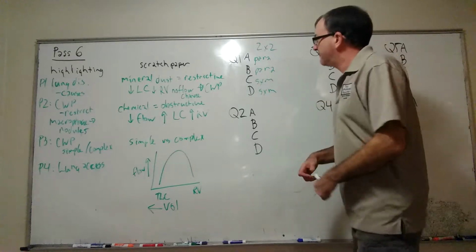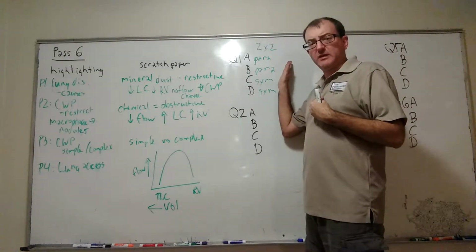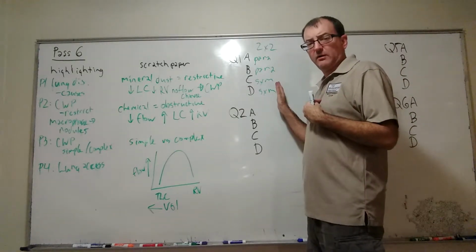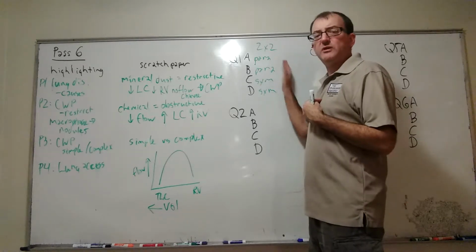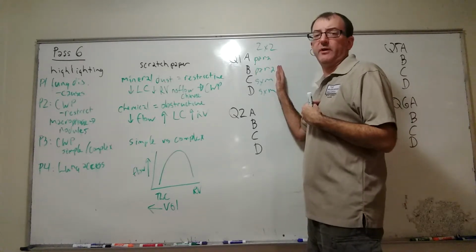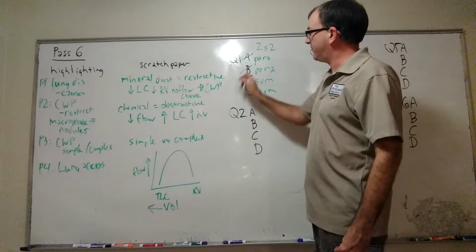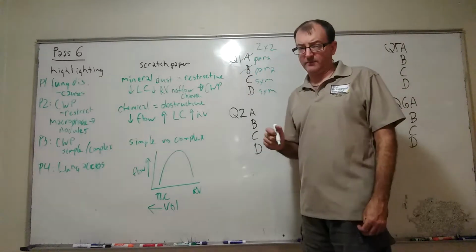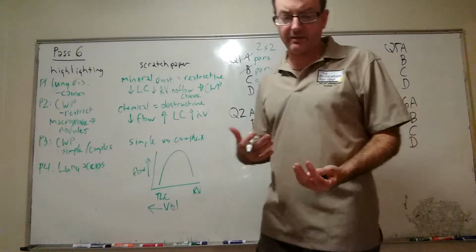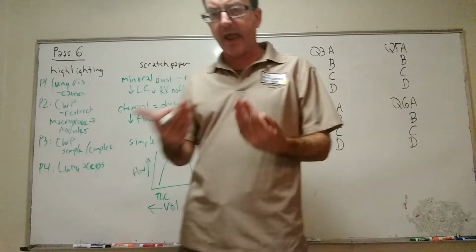If you think about it, parasympathetic is rest and digest. Sympathetic is fight or flight. Which of these two systems is going to want to increase airflow? When would I want to have an increased flow through the lungs? Parasympathetic, rest and digest? Nope. Sympathetic? Yes, I would.